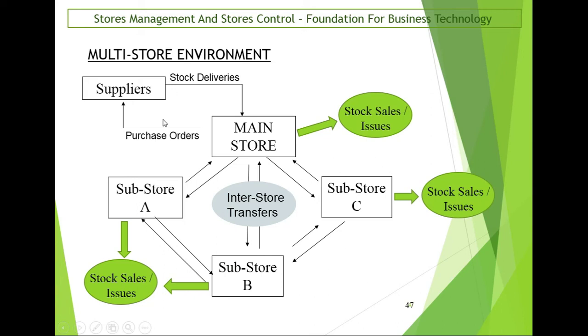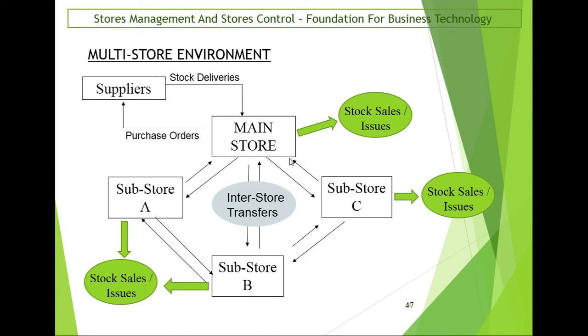So instead of buying new stock from the suppliers, you simply do an internal transfer. This is why it is important to understand the effect of the different transactions on the stock balance for the individual store, as well as the overall company balance.